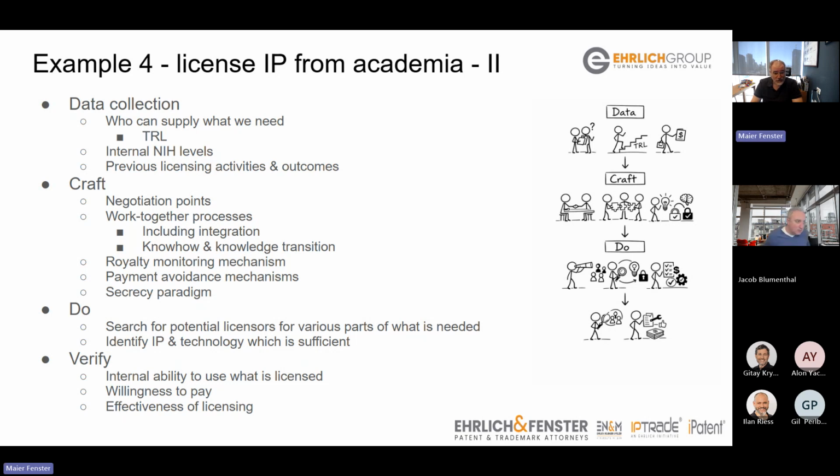We search for potential licensors. We verify that we're willing to pay the company and so on. And only now do we get to the point where somebody actually approaches these companies, but that's execution, and starts talking to them about licensing their technology.